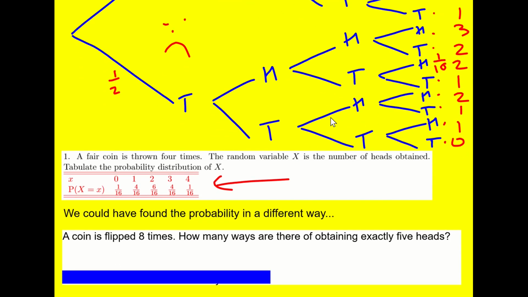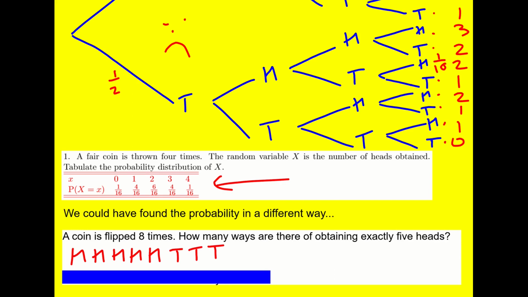So let's imagine a coin is flipped 8 times. How many ways are there of obtaining exactly 5 heads? Well, for this, one possibility would be heads, heads, heads, heads, heads, tails, tails, tails. Or maybe I'd get tails, tails, tails, and then 5 heads, but I could have it all mixed up instead.